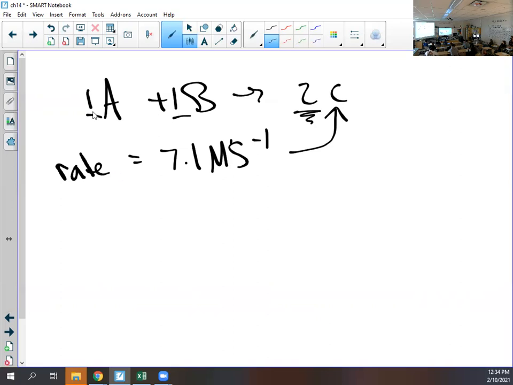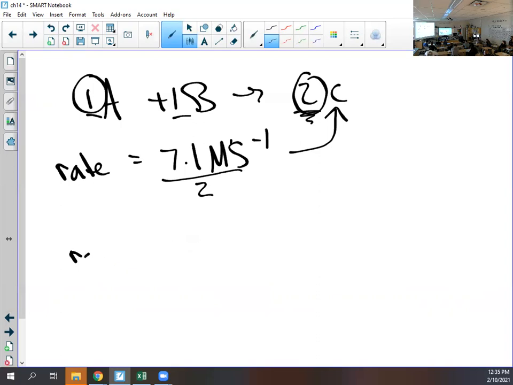So you should always balance everything. So A changes at a rate of 1 to 2, or half the speed. So the rate for A is 3.55.